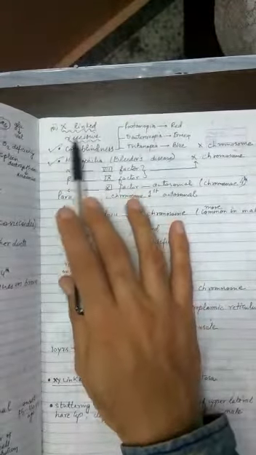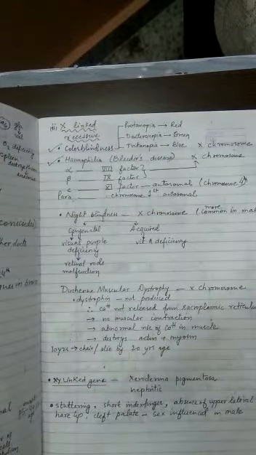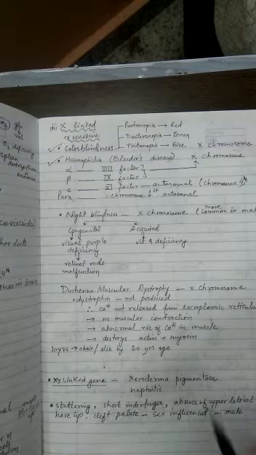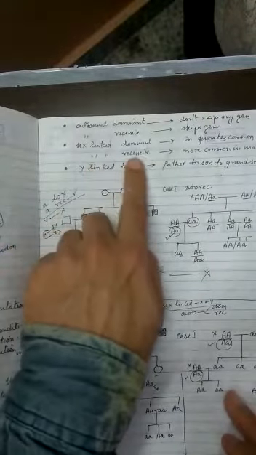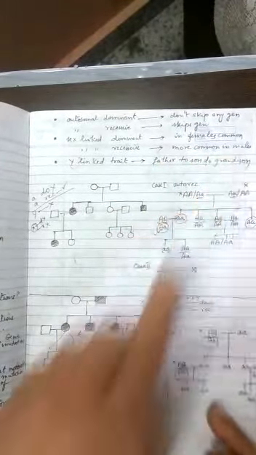It's an X-linked recessive character, so it is found more in males compared to females. I think you still remember these points I had explained. Sex-linked characters, if they are recessive, are found more in males. So the same point: color blindness is an X-linked disorder, and it is recessive in nature.